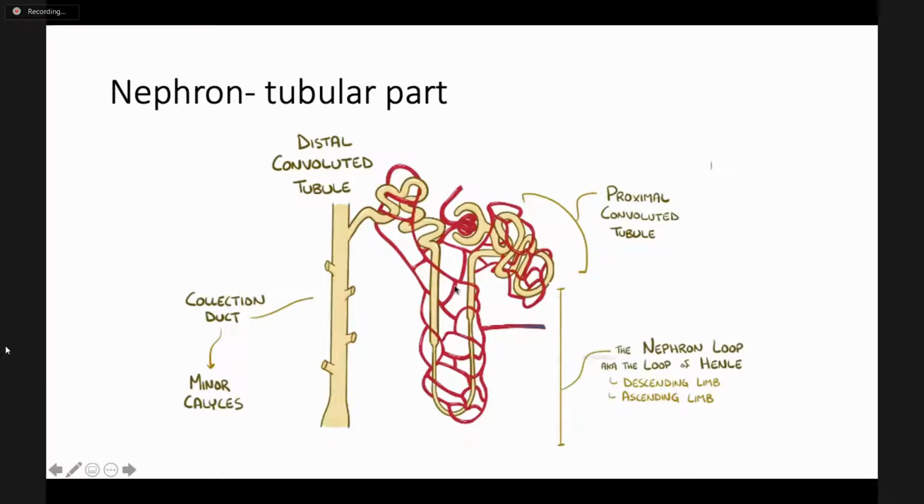Why do you need to know this? Because the properties are different. They have different pumps, different protein channels that will help us to create the concentrated urine. So this is DCT and this is the collecting duct. And this one, urine will be formed through here and then towards the minor calyces.